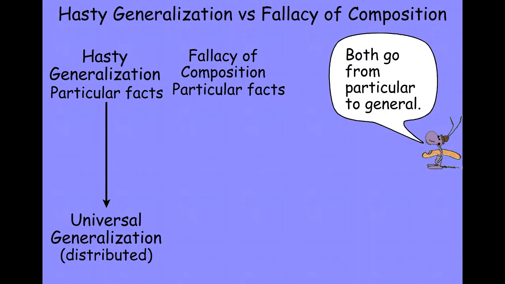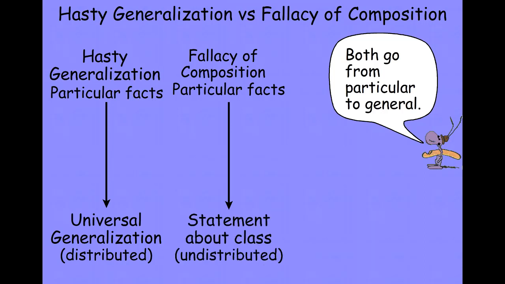Or on the other hand, fallacy of composition, right? It goes from observations about particular members of a whole or a class to a collective predication, a statement about the whole class, which isn't distributed.